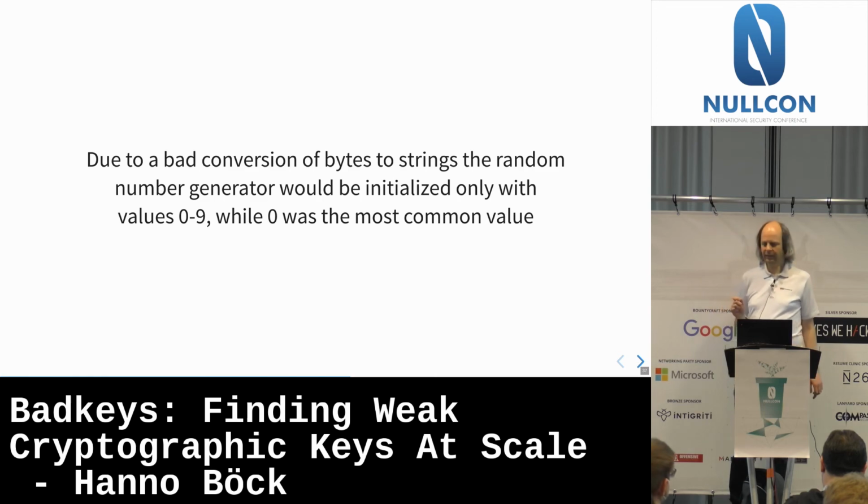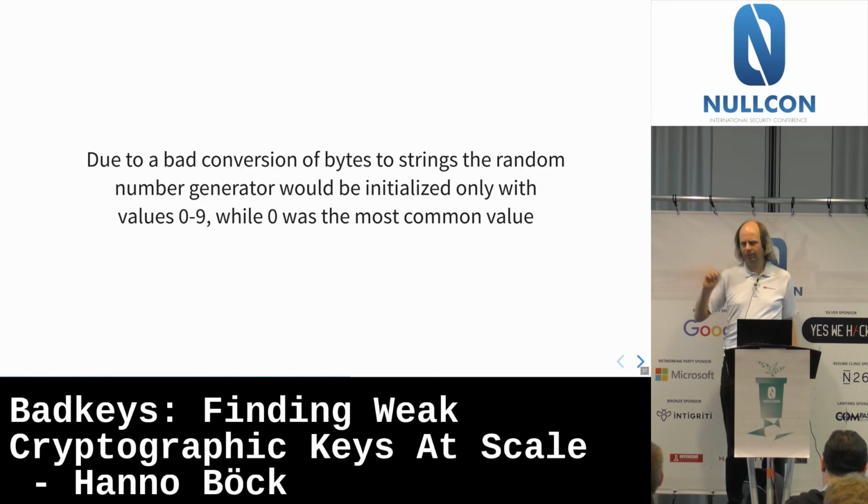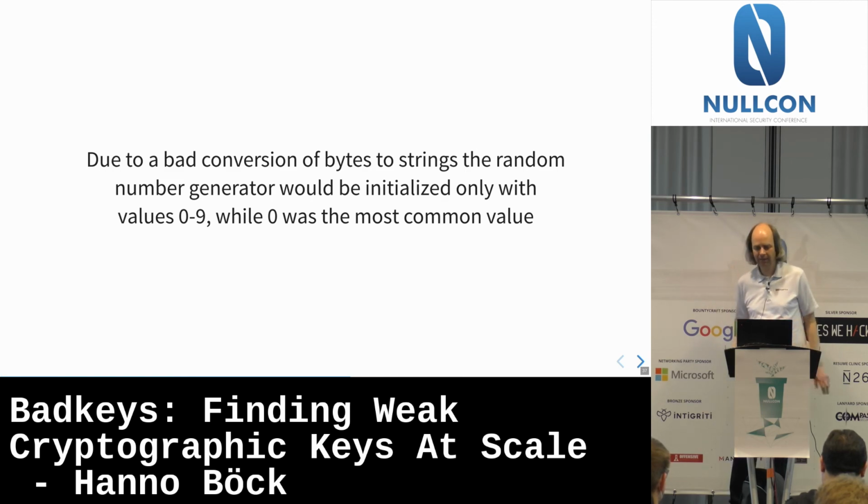And that did some byte string conversion things, which ended up meaning you could only have values from the string 0 to the string 9, and the string 0 would be much more likely because for any value it would output 0 except for the values that match the ASCII ID of 1 to 9.